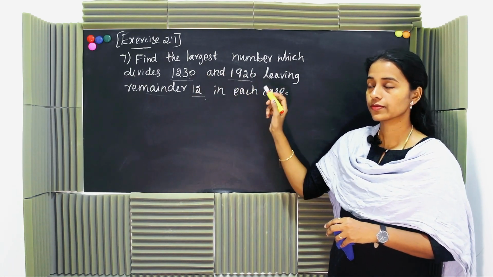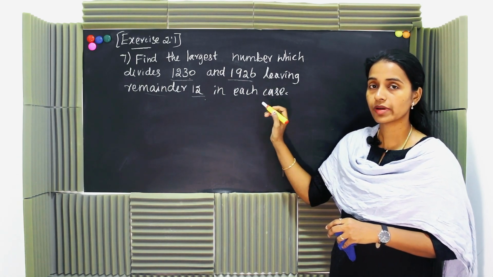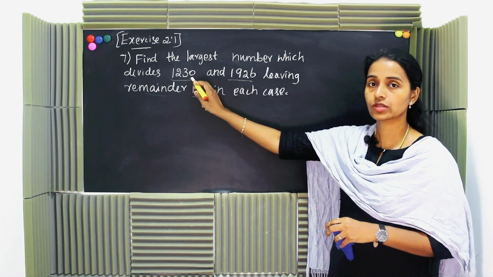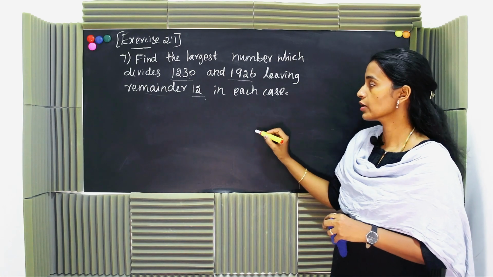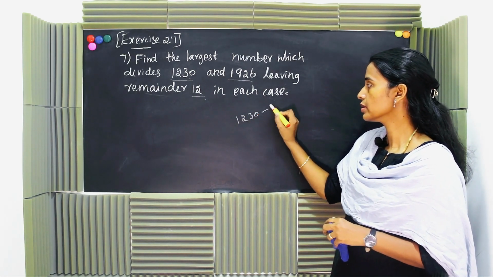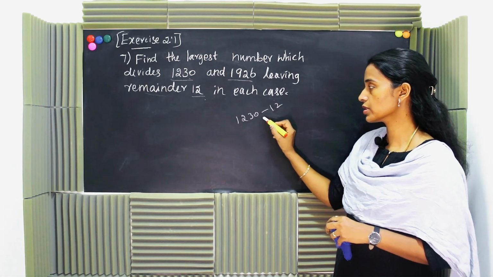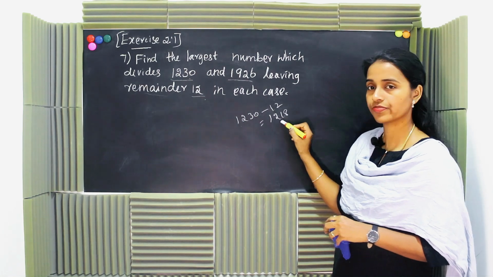Okay. The condition is we should subtract 12 from 1230 and 1926. If you are subtracting 12 from 1230, we will be getting 1218, right?